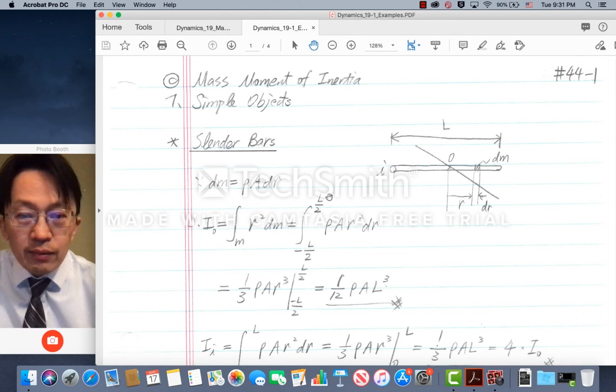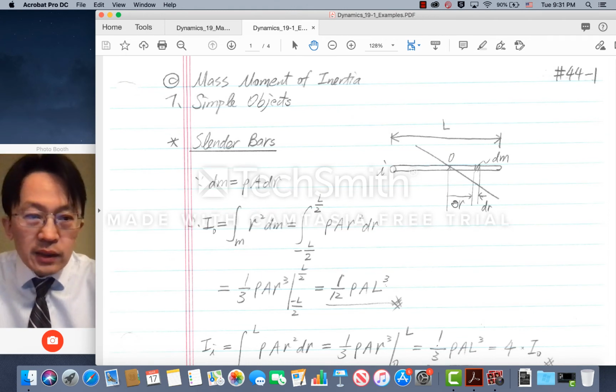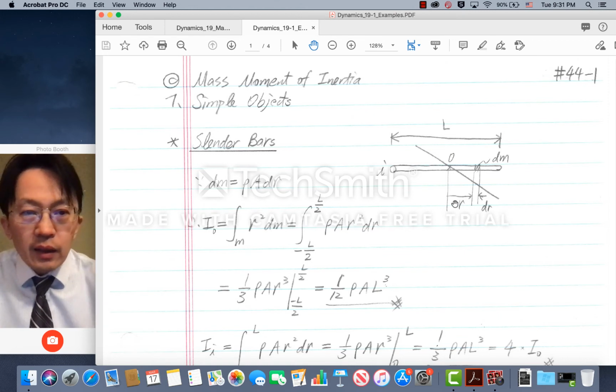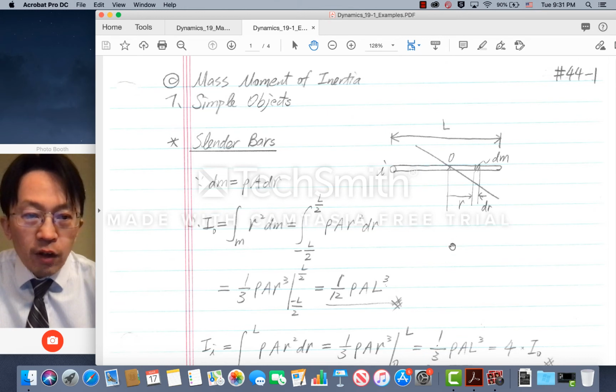The next thing we have to define is the mass itself. Now how do we do that? Recall the technique we use in calculus. When we want to integrate over the entire volume, we have to define the unit volume.